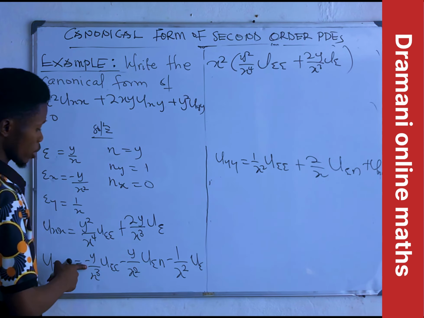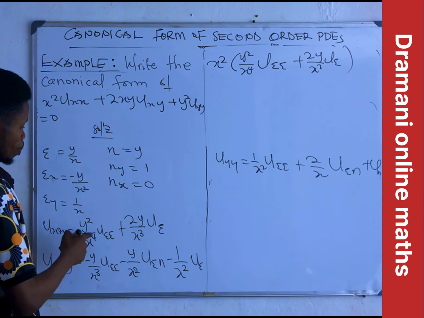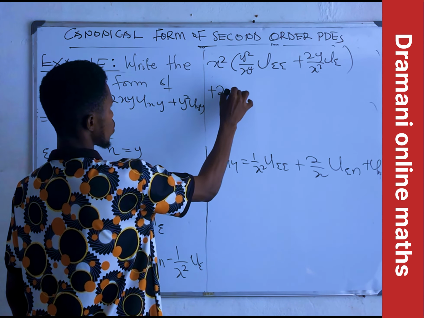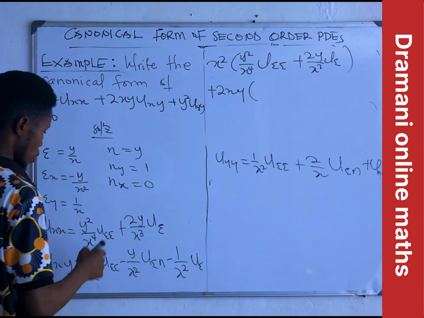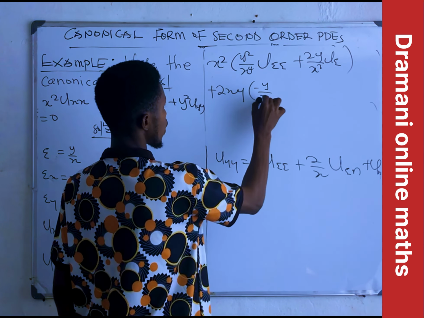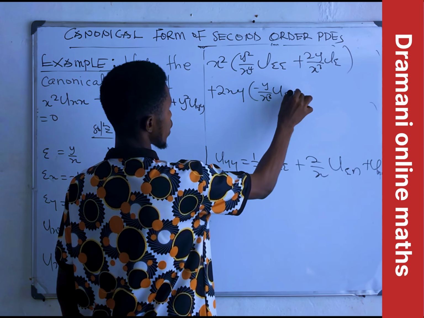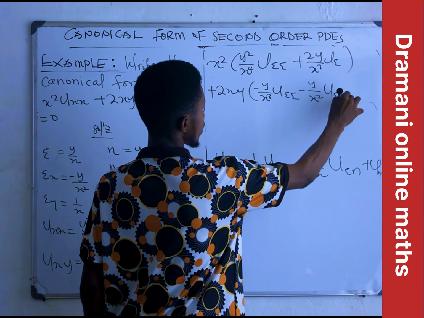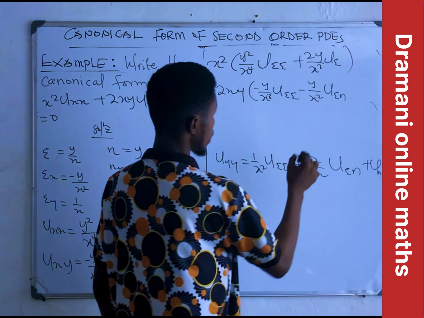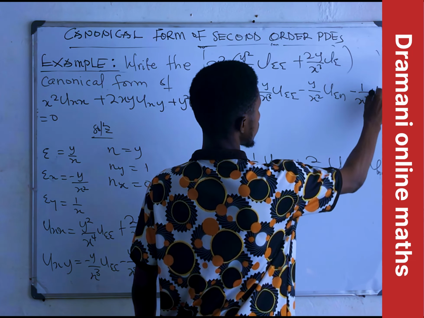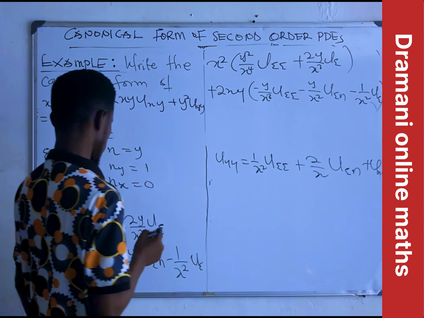Then here is minus. So already I have 2x out there. So plus 2xy bracket open u_xy I have minus y over x cube u_ξξ minus y over x squared u_ξη minus 1 over x squared u_ξ, you close bracket.